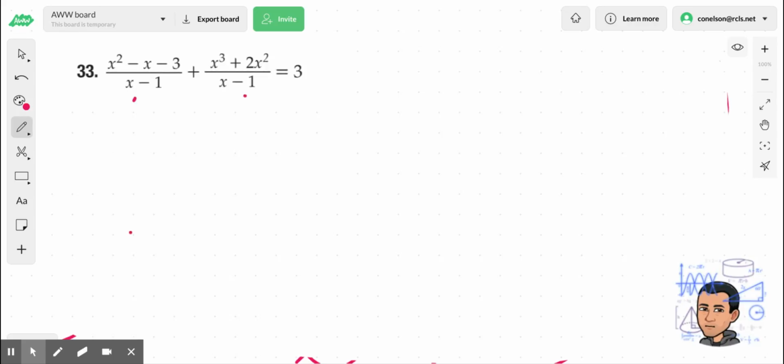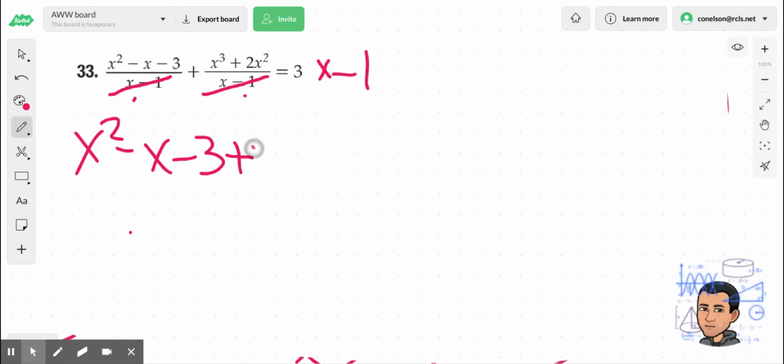I'm looking at 35, and 35 is not quite as pretty, but it's not bad. I know that to get rid of those on the bottom, I'm just going to have to multiply everything on both sides times x minus 1, which is not bad, because then on the left side, I end up with this. X squared minus x minus 3 plus x cubed plus 2x squared.